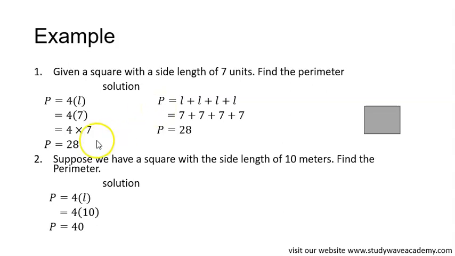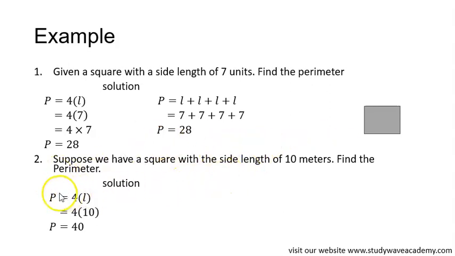Good. Here we are. Suppose we have a square with a side length of 10 meters. Find the perimeter. Here the square length is 10 meters, okay? Here is 10 meters, here is 10 meters, here is 10 meters, here is 10 meters. We are to find the perimeter.